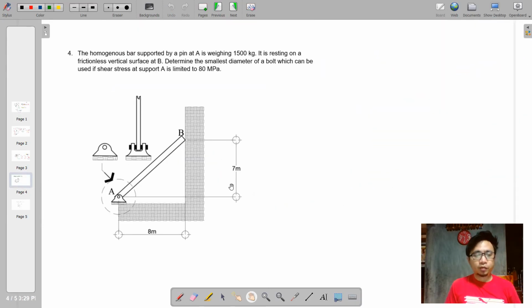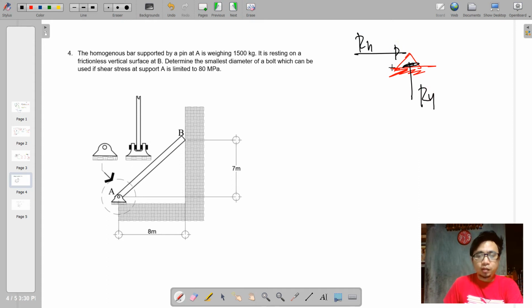So here we have the fourth problem. So in your engineering mechanics, we know that if we have a pin support, you see this is the pin support, there will be two reactions. Okay? There will be two reactions. Say a horizontal and a vertical reaction, say RH and RY.